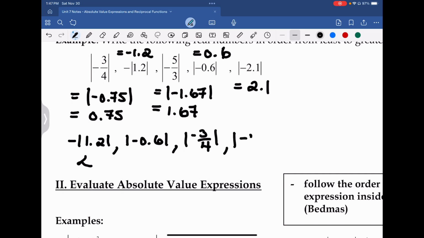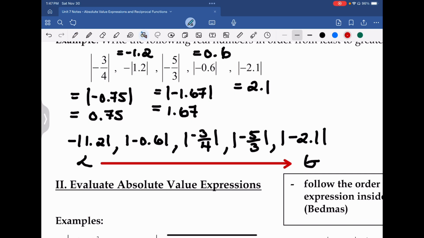I'm going to actually put the original fraction, right? Because we want to put those original terms they gave us. So 5 over 3. And then lastly, we have the absolute of negative 2.1. There we go. And I'll put a G here representing that this is the greatest. And then I can even put a line below representing that from left to right, we go from our least to greatest.